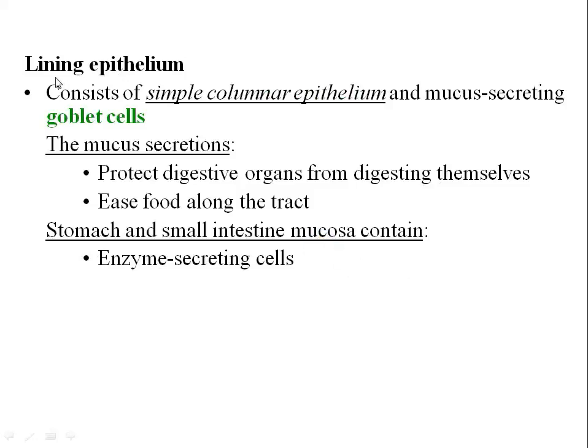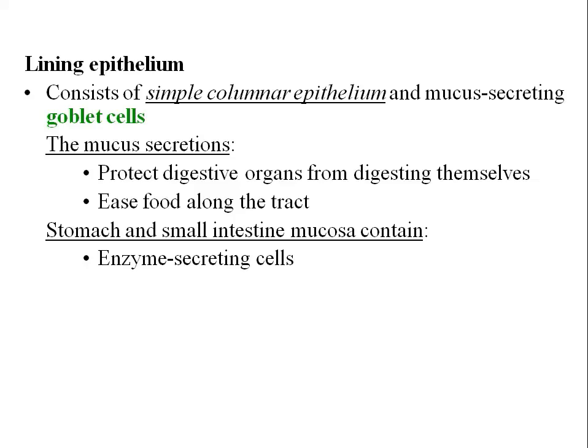Okay, the lining epithelium consists of simple columnar epithelium and mucus-secreting goblet cells. The mucus secretions protect digestive organs from digesting themselves. Many times we secrete a lot of hydrochloric acid in the digestive tract, which is so strong that if it were poured on our skin, you would have holes in your skin.